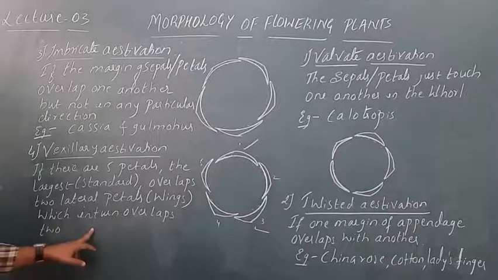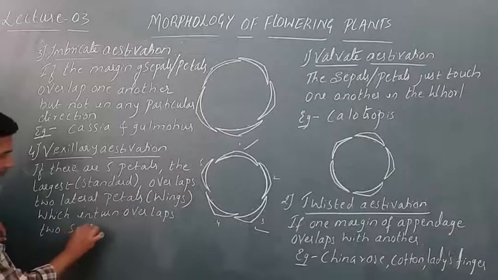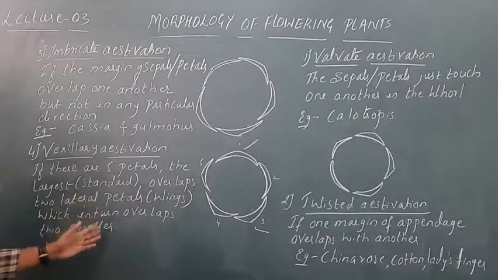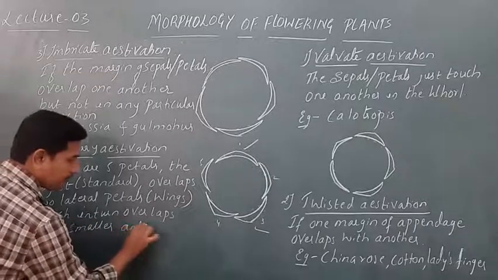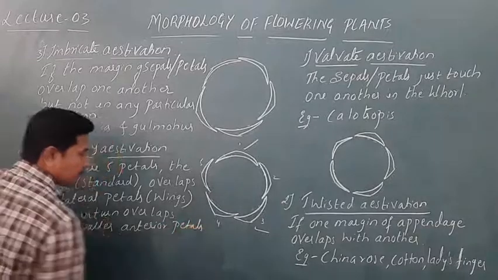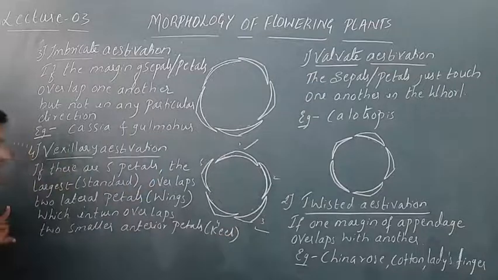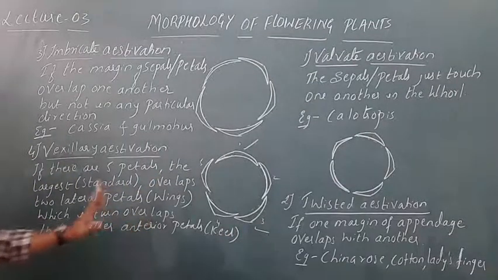So here the wings, what they do, overlaps the two smaller petals, and those petals we call them as keels. These are called as keel. So two smaller anterior petals which are called as keel.